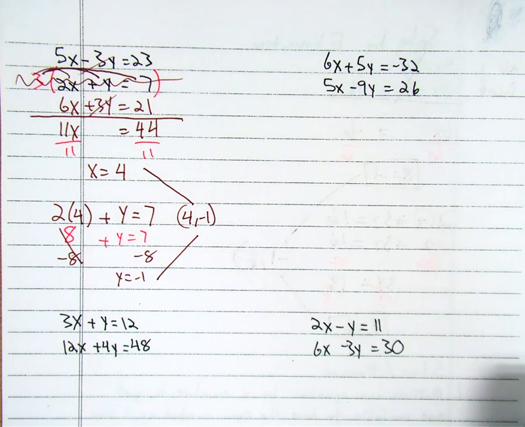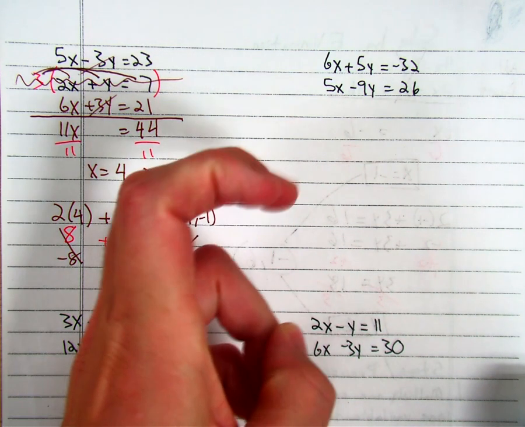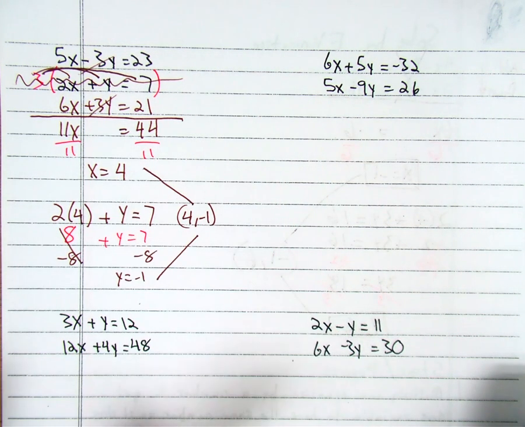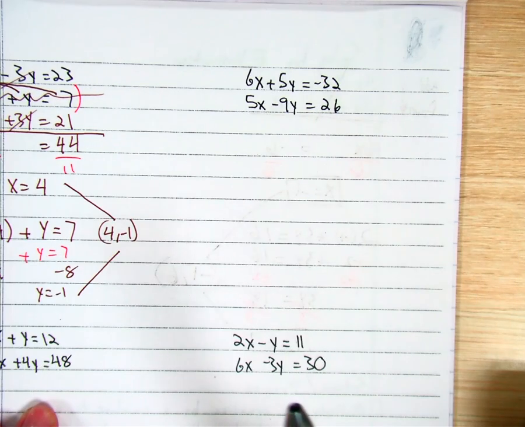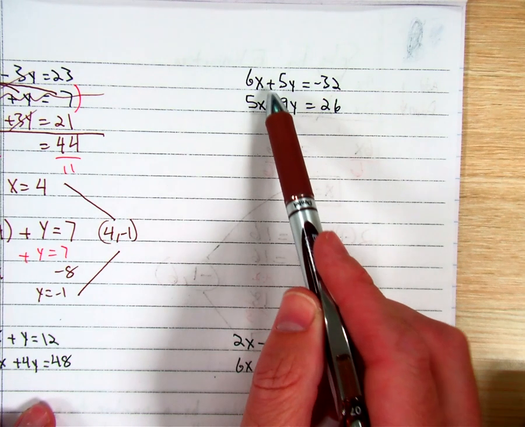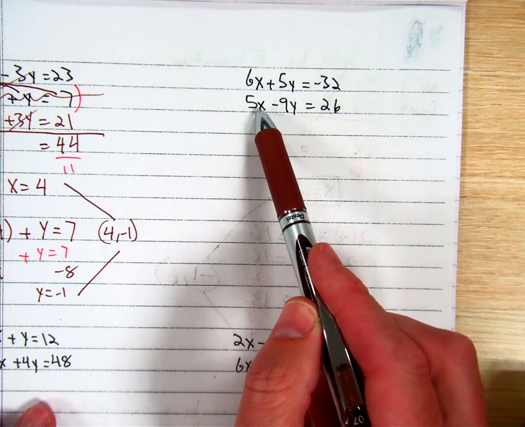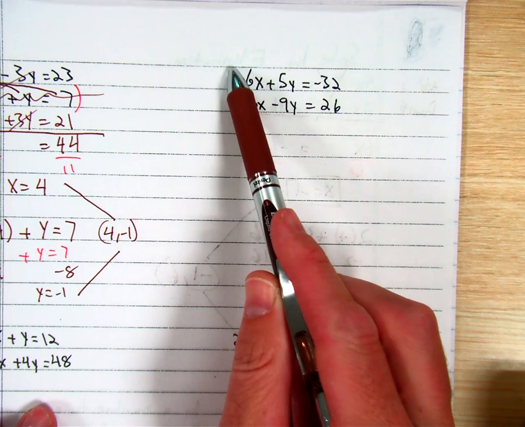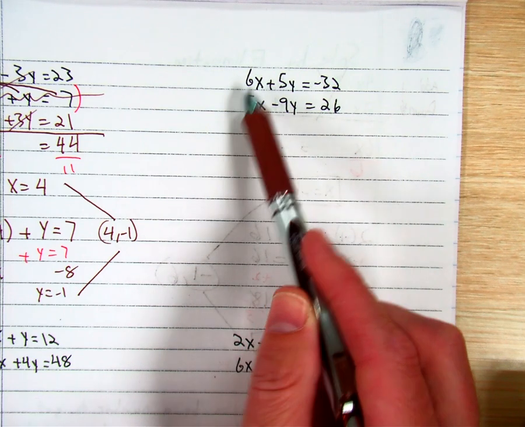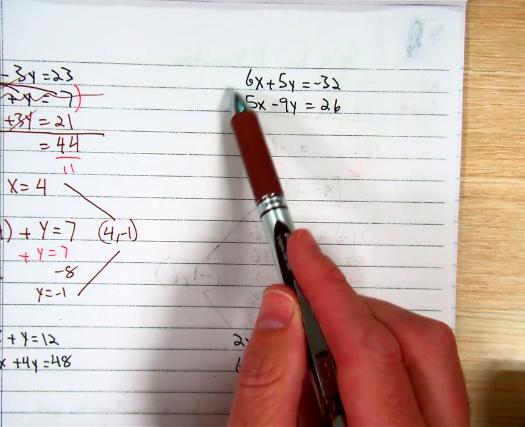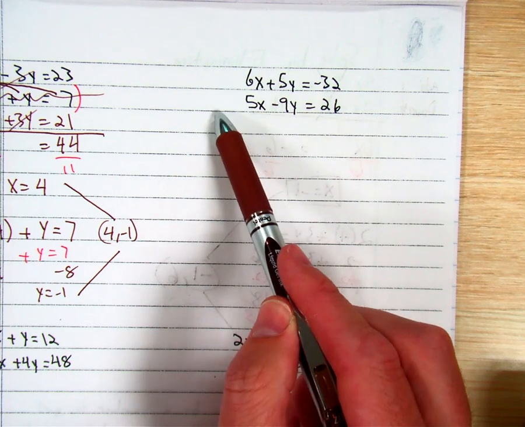So we're actually going to need to, what I call meet in the middle, multiply both of them to meet somewhere. Okay, and what usually that means is you're just going to trade. So if you want to cancel out the x's, you're going to multiply the top row by 5 and the bottom row by 6. Okay, for the x's there, one of those numbers would have to be negative.